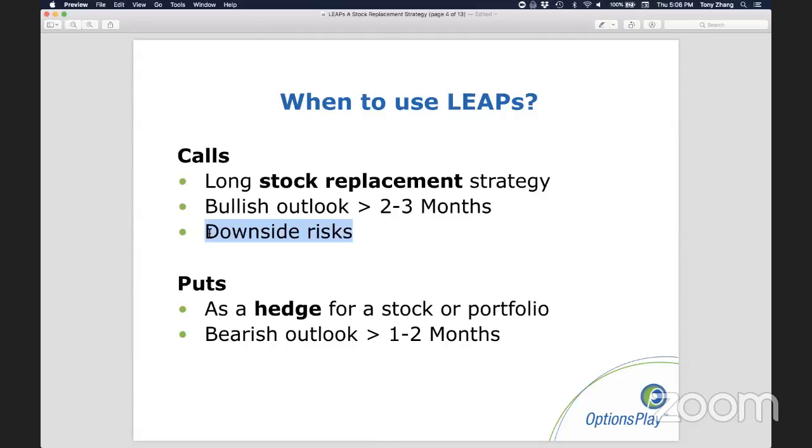This is especially true in some of the higher flying sectors like tech. Tech has been outperforming substantially, and I think there are substantial downside risks to tech. Also in the biotech space, biotechs have been doing really, really well. You want to maintain that upside exposure, but these are also sectors that may pull back substantially if the market were to correct. So these are especially the type of stocks you may consider using leaps for.